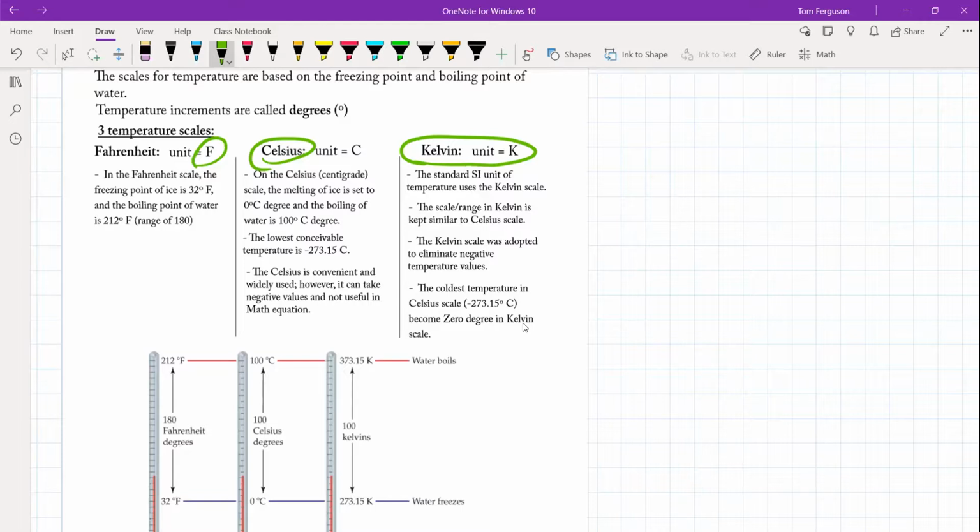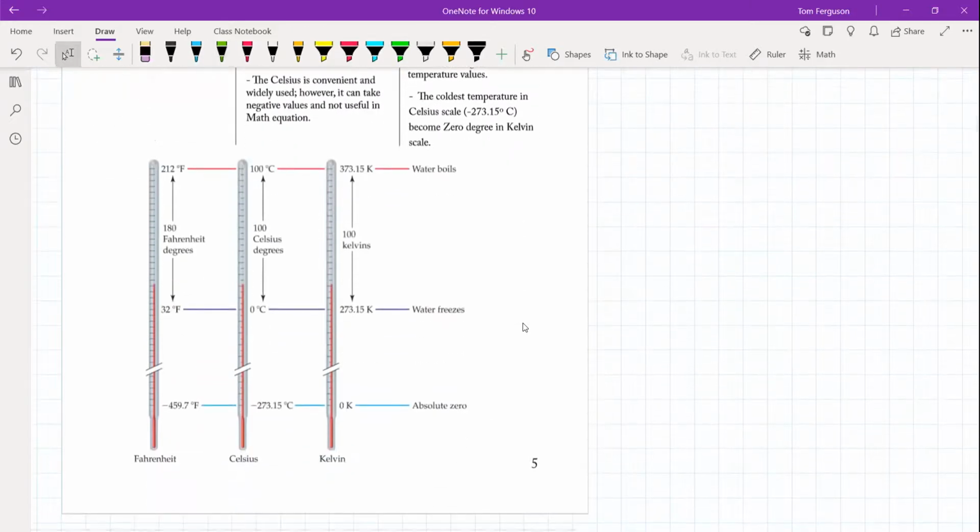Now, Kelvin is by definition 0 at absolute 0. Again, no movement, no kinetic energy. Okay. And R is the Fahrenheit equivalent to absolute 0.